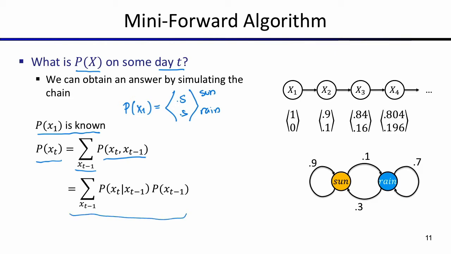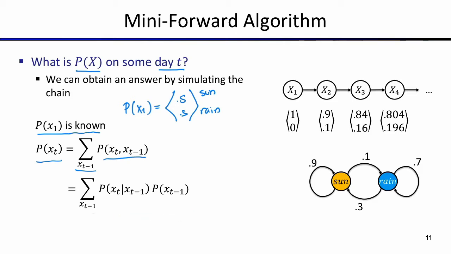It's going to be the sum for all possible values of xt minus 1 of the transition probability, the probability of xt given that I was in the state xt minus 1, times the probability of xt minus 1. So let's try to think a little bit about this and see if we can understand it.